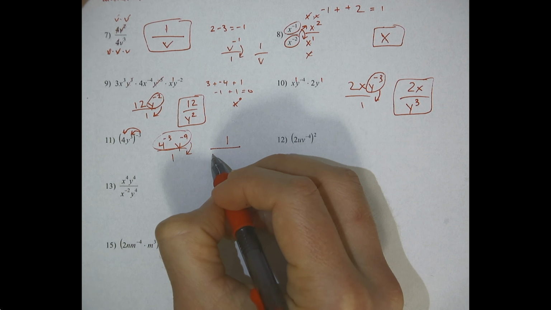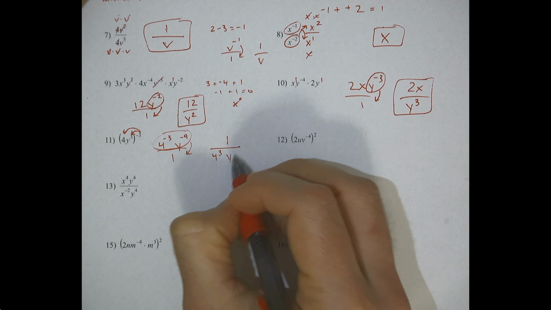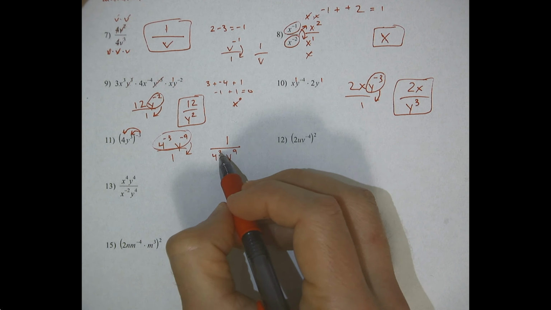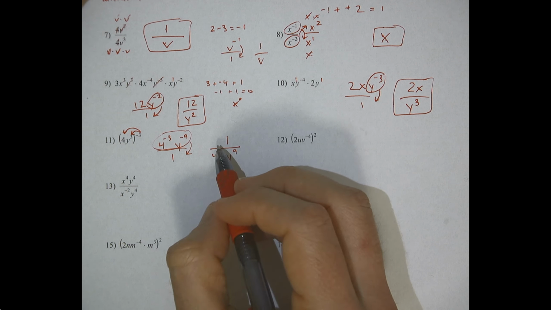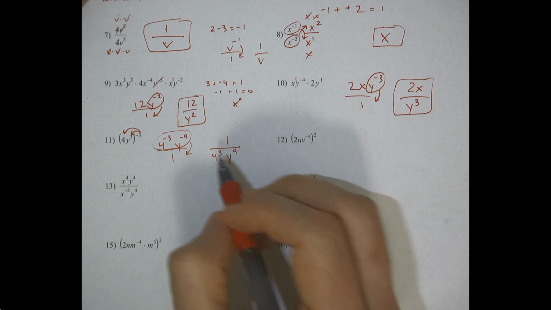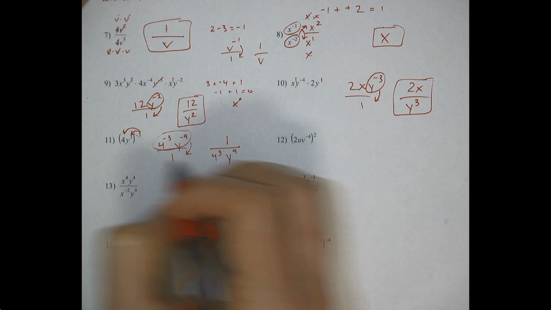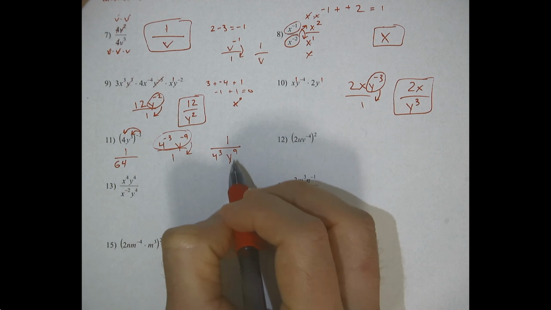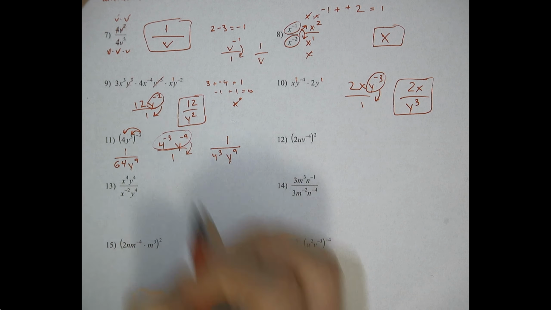On the bottom, we're going to have 4 to the third, and y to the ninth. They've become positive. And if I do have a whole number raised to an exponent, I'm going to go ahead and expand it. So 4 to the third is 64, 4 times 4 times 4. So final answer here, I'm going to expand this out to 64. And then this is y to the ninth.